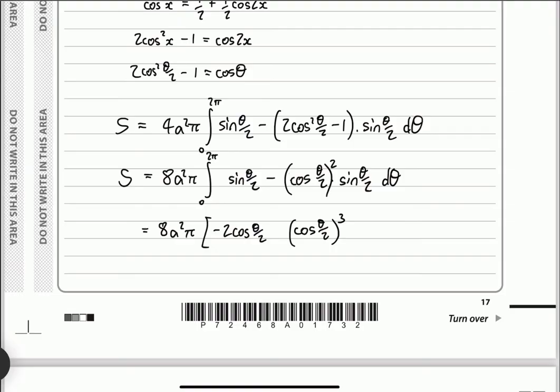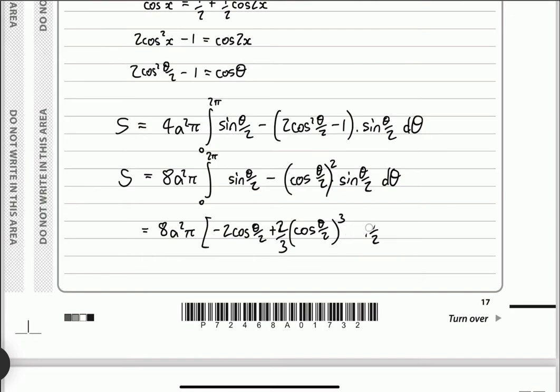Now if you differentiate this term, you get 3 times cos theta by 2, so we need a third in front there. But then you also have to multiply by the derivative of the thing inside the brackets, which is a minus sine theta over 2 times the derivative of that argument, so we need a 2 in front.